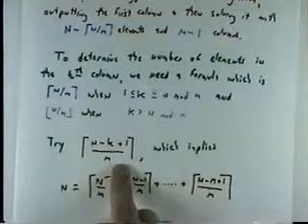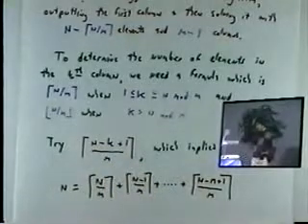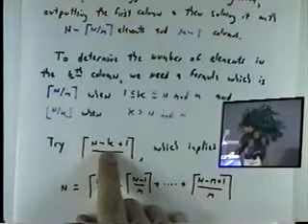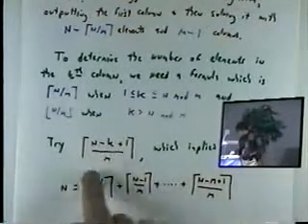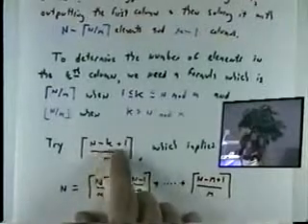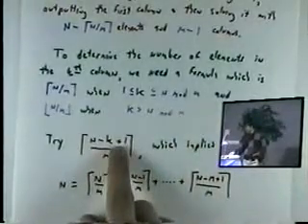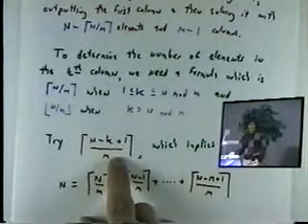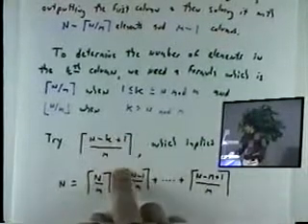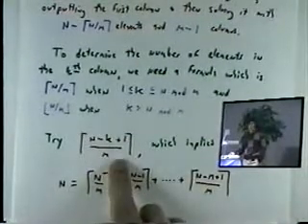Okay, let's look at what happens. If k is going to be less than the remainder, okay, if we're subtracting out less than the remainder, the ceiling is going to be higher. Once we subtract out something more than the remainder, then that's when this number is going to go down.